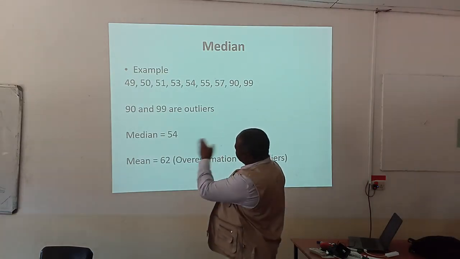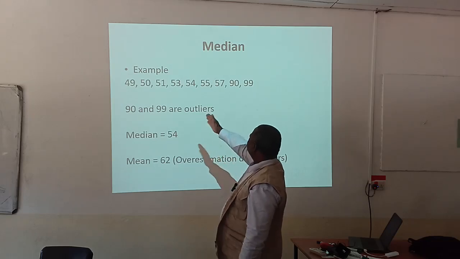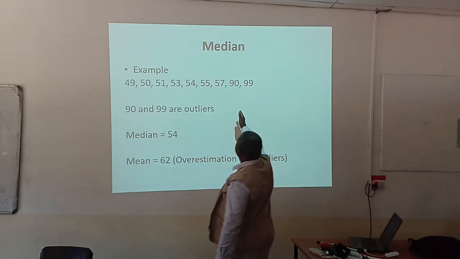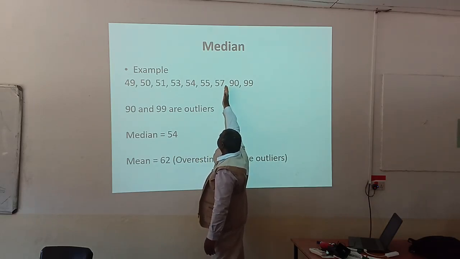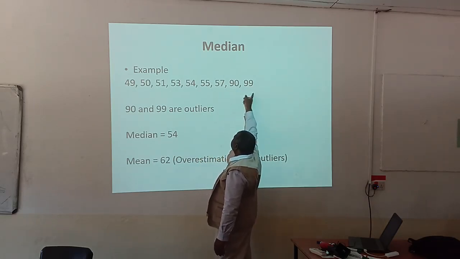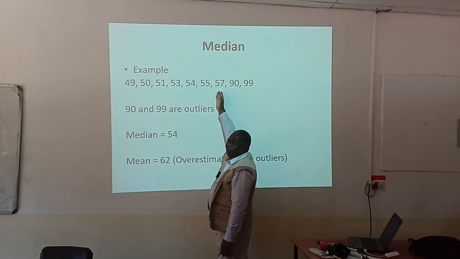I'm just demonstrating what I'm showing there in this example. If you look at that, the majority of the scores lie between 49 and 57. But there were these two outliers who performed completely differently, away from the way most of the students typically performed.